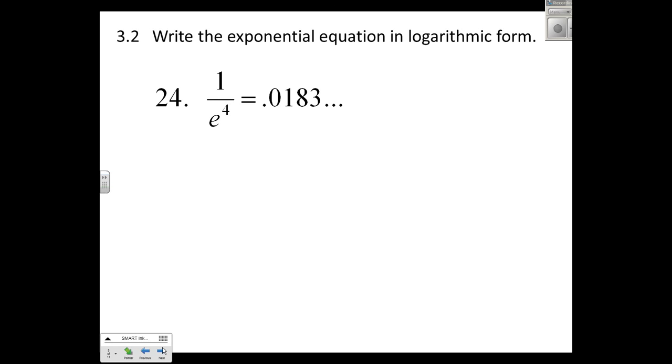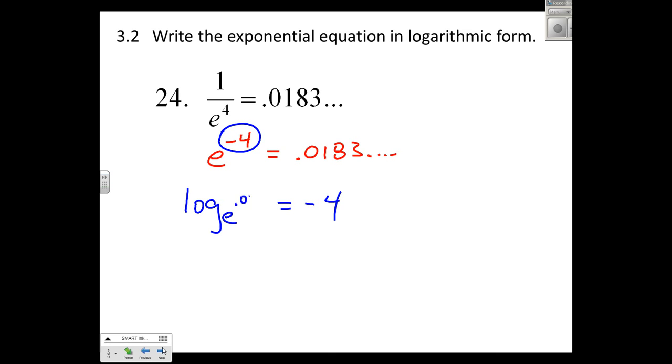Okay, a little tricky here. We could rewrite 1 over e to the fourth as e to the negative fourth equals 0.0183 and so on, whatever that becomes. It's irrational. e is an irrational number. So what would we say here? Let's talk about the exponent. Negative 4 is the exponent, because a logarithm is an exponent that is turning e into 0.0183 and so on.